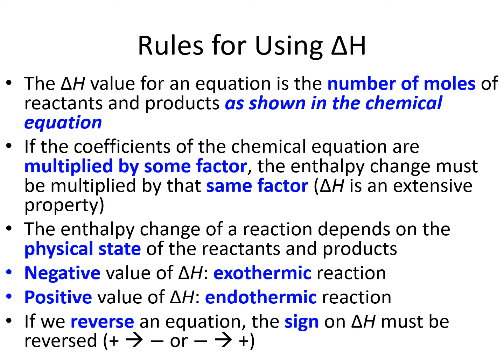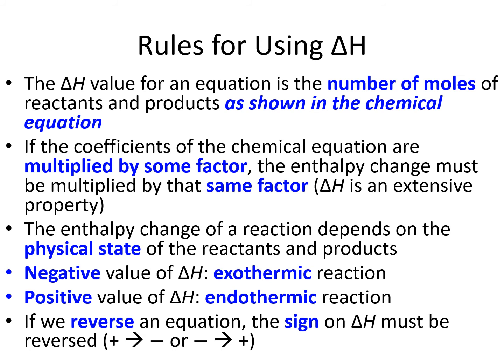If we get a negative value of delta H, that's going to tell us that our reaction is exothermic. If we get a positive value of delta H, that's going to tell us our reaction is endothermic. Remember, delta H and Q are basically interchangeable. So if we have a negative value of Q, that's exothermic, a positive value of Q is endothermic.